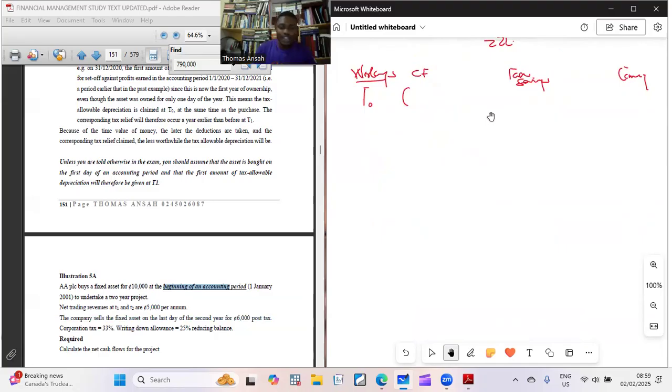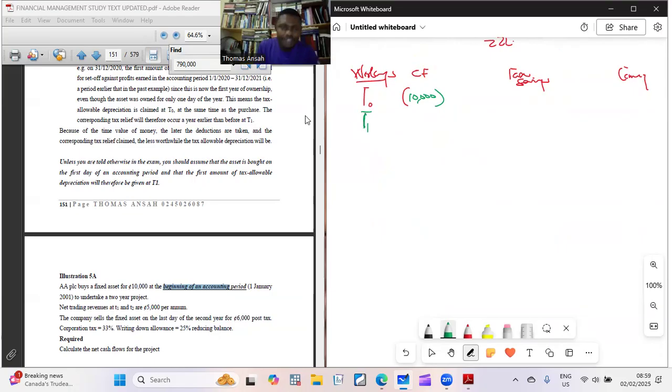So now the asset was bought at T0, T1. Remember, T0, T1. Sometimes it's confusing, but manage. And the asset cost is this. So when we are calculating our capital allowance, the capital allowance will be at T1.